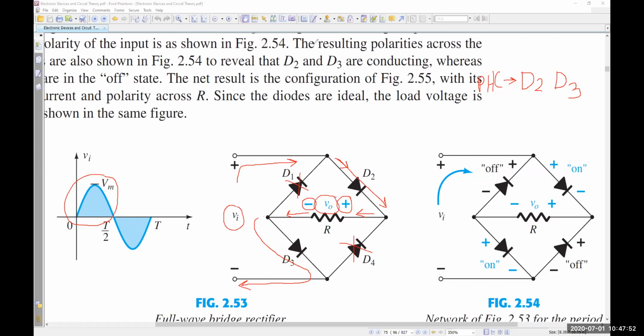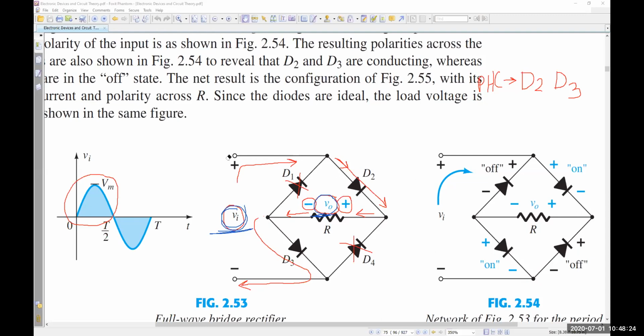Remember, you should get the exact same value of VI equal to VO, because in the whole path you have only one resistor, so your voltage will not be divided. If you have two resistors, then your voltage could have been divided. So how many resistors do you have in this whole path? One. That's why your VI will remain equal to VO. Understood?